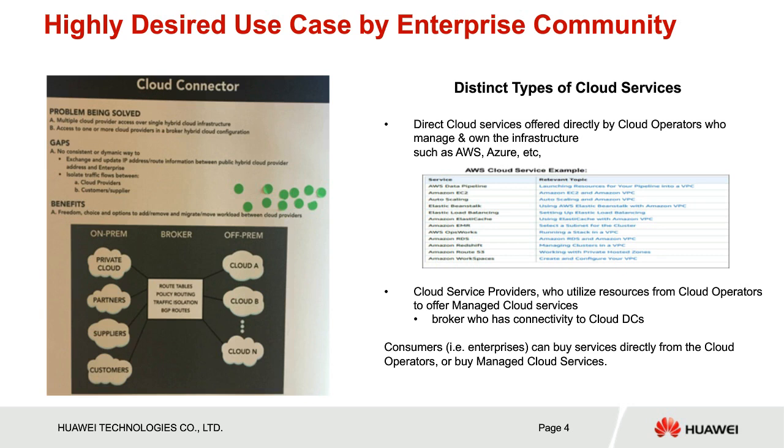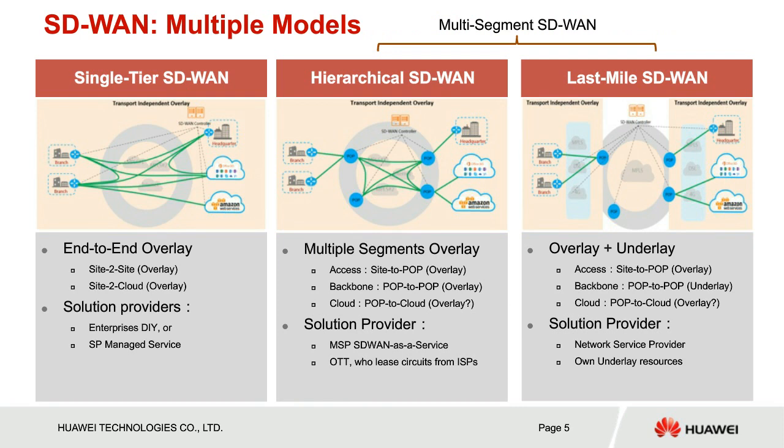ONUG was founded back in 2012, and then in 2013, it came up with SD-WAN, software-defined wide area network. So this being 5 years, the industry has quite a buzz on SD-WAN.